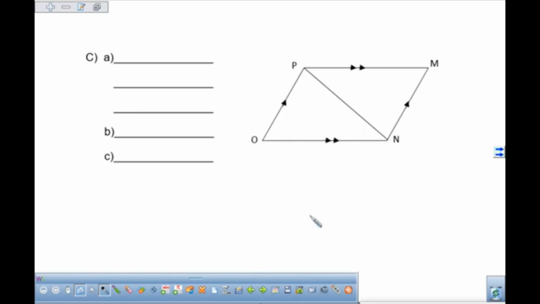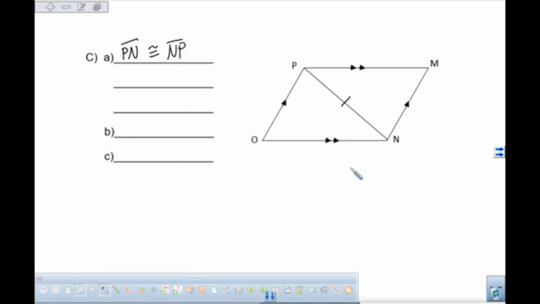And last up, we know that segment PN is congruent to itself. Segment PN is congruent to segment NP. Now, these arrows do not mean congruent. They mean parallel.